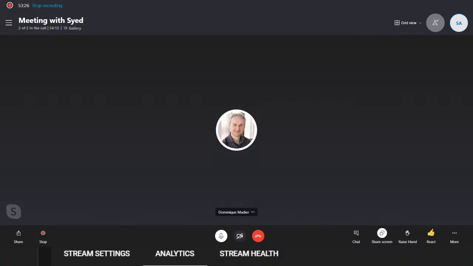It said that it's sharing, but I don't have access to the share button.